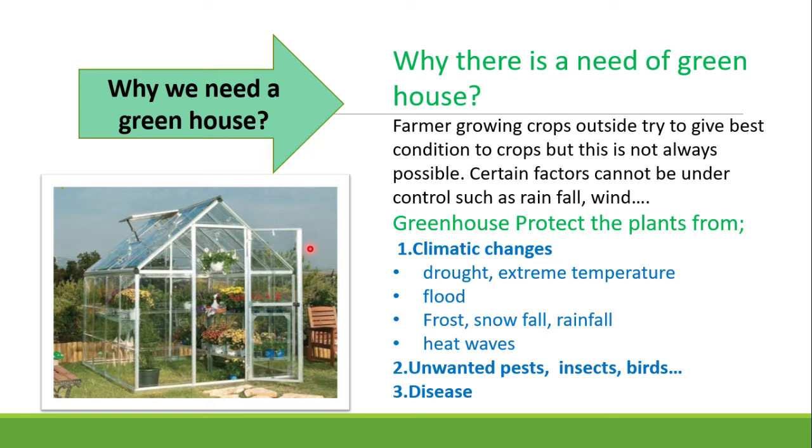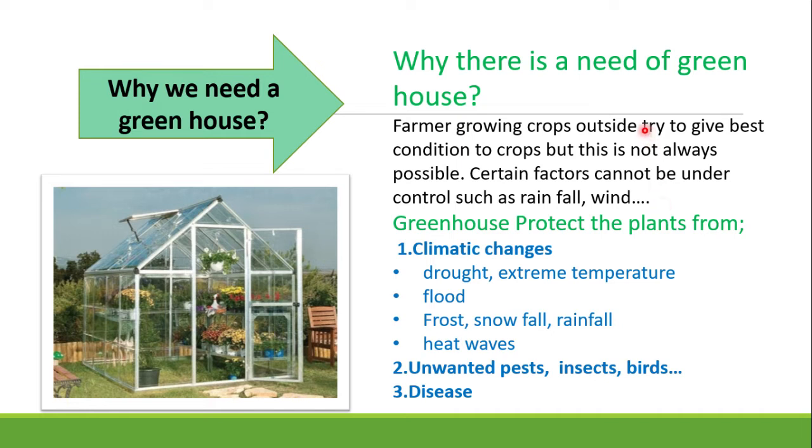Why do we need a greenhouse? Farmers growing crops outside try to give the best conditions to the crops, but this is not always possible. Certain factors cannot be under control, such as rainfall and wind. These are the factors which the farmer cannot control.